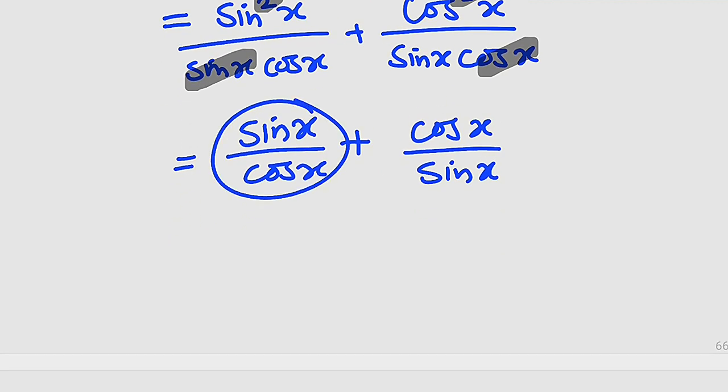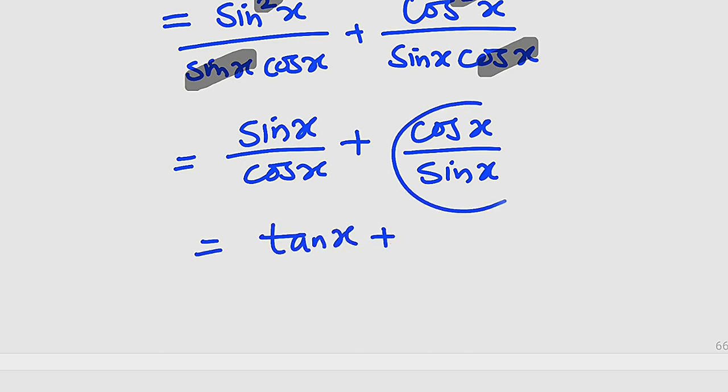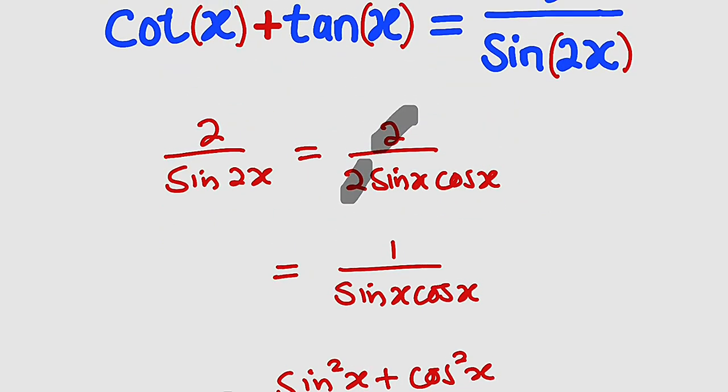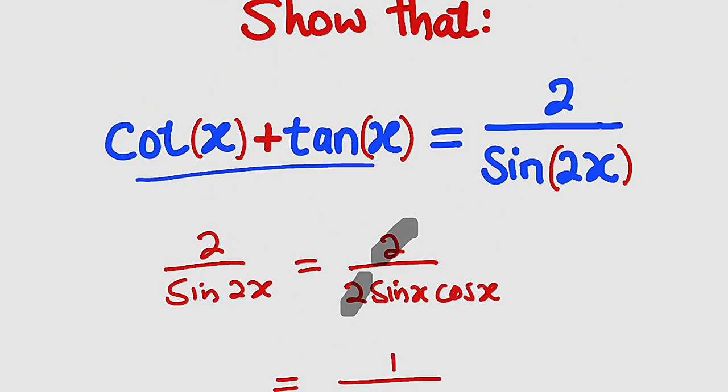The first one is nothing but tan x. Plus, this is the same thing as cotangent x. And hence, we have just shown that the right hand side can be written as the left hand side. Just that here, cotangent was written before tangent. 1 plus 2 is the same thing as 2 plus 1, right? So we call it commutative.